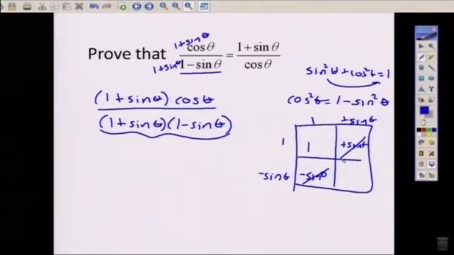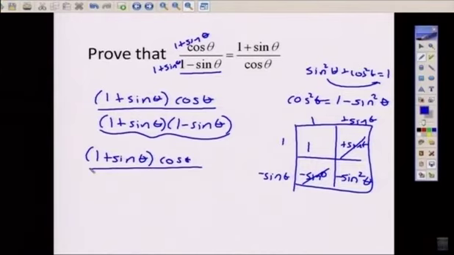So those are going to cancel, minus sine squared theta. So on the numerator, the 1 plus sine theta times the 1 minus sine theta became 1 minus sine squared theta.